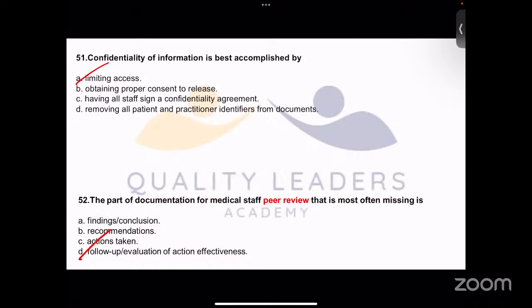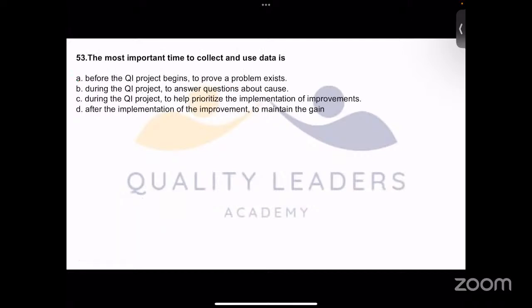Number 53, the most important time to collect and use data is A, before the quality improvement project begins to prove a problem exists. B, during the quality project to answer questions about cost. C, during the quality improvement project to help prioritize the implementation of improvements. D, after the implementation of the improvement to maintain the gain.